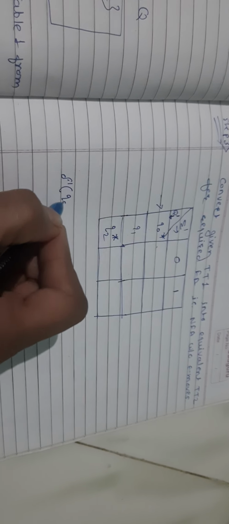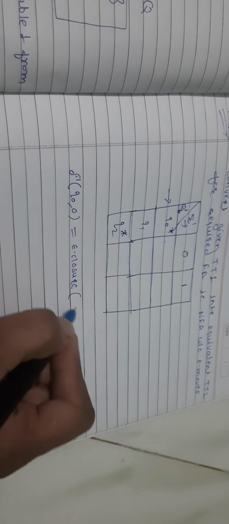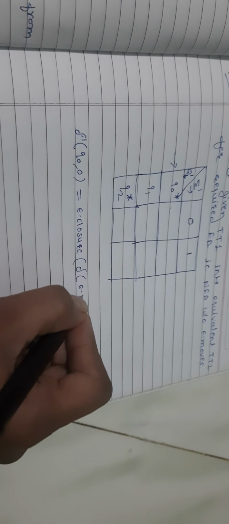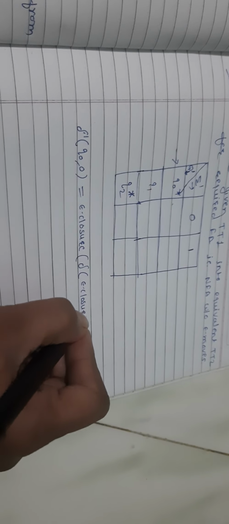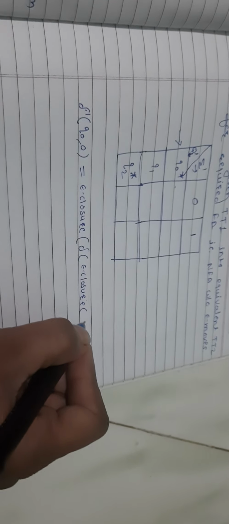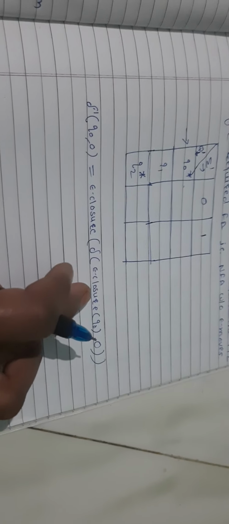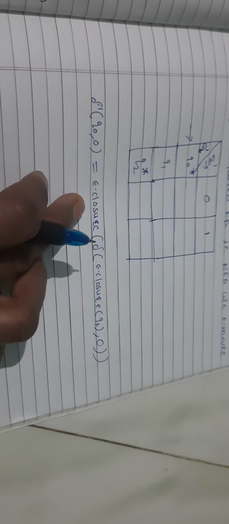Delta dash of Q0 0 is equal to epsilon closure of delta of epsilon closure of Q0, 0. Now solve this equation from inner to the outer part.